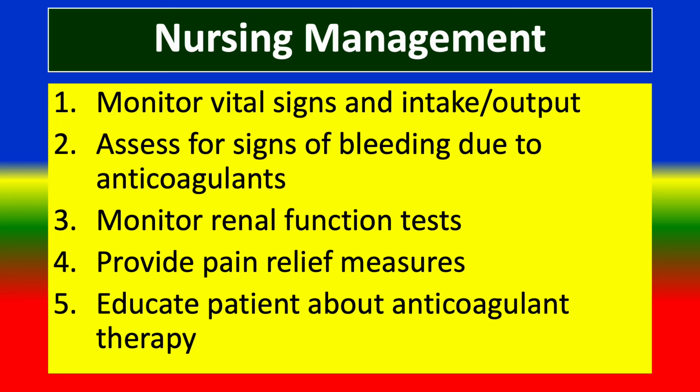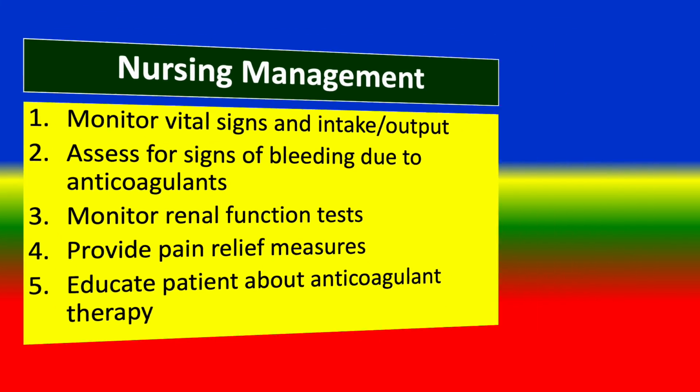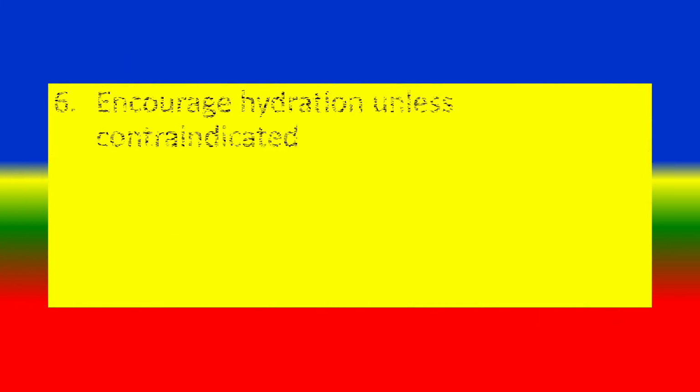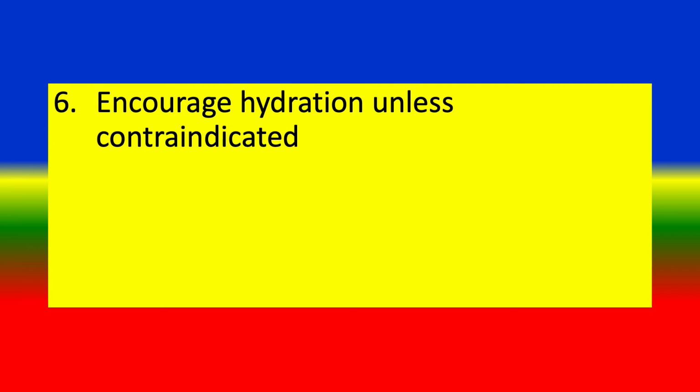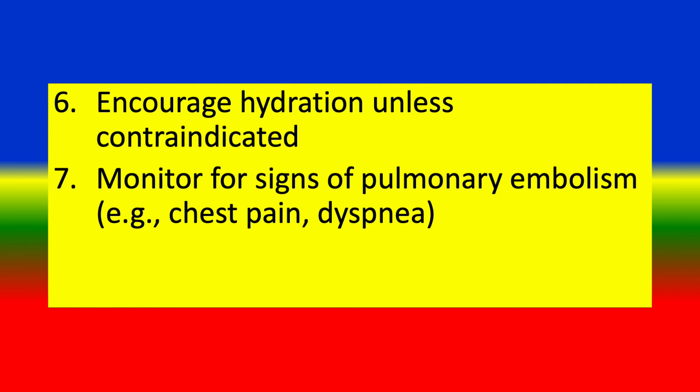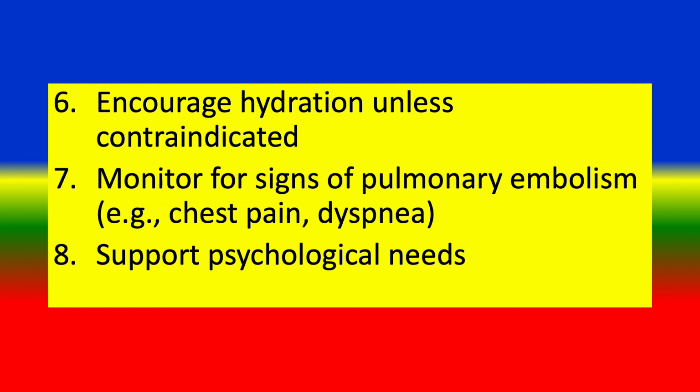Educate patients about anticoagulant therapy. 6. Encourage hydration unless contraindicated. 7. Monitor for signs of pulmonary embolism, for example chest pain, dyspnea. 8. Support psychological needs.